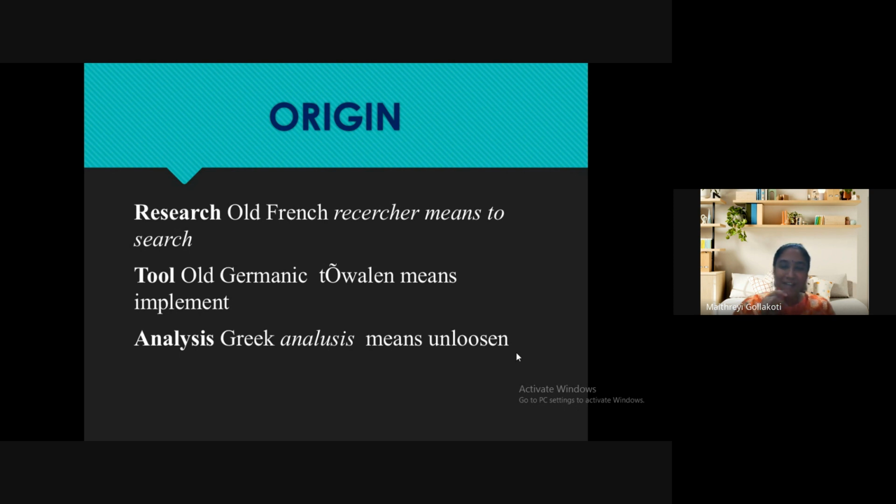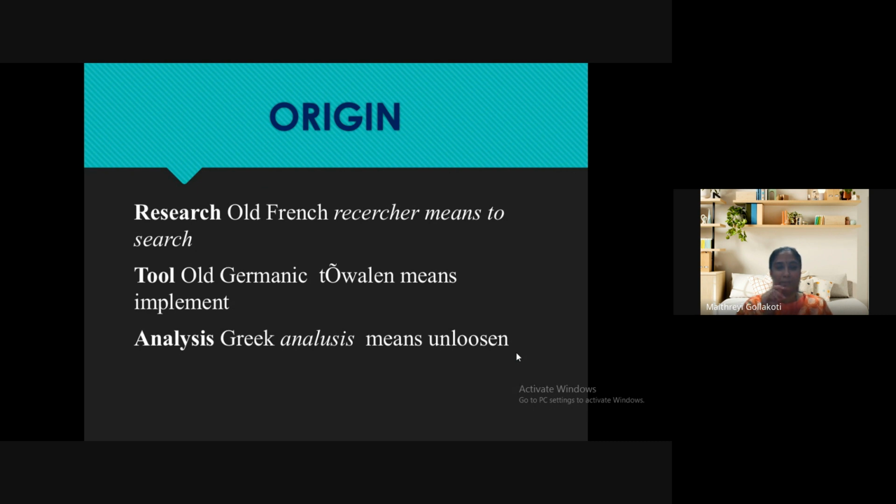Mostly all the words are from Greek or Latin, isn't it? But for a change, this word research is from French language. And the root word in French is researcher. Researcher means to search. So research means searching for something.